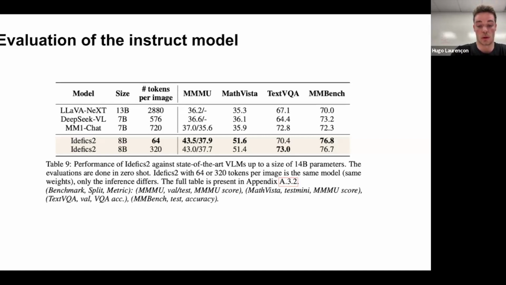It's simply that since we train our model with a mix of different resolutions, you can simply choose at inference the resolution you want for your images. So it's the same model, but just evaluated in different ways.